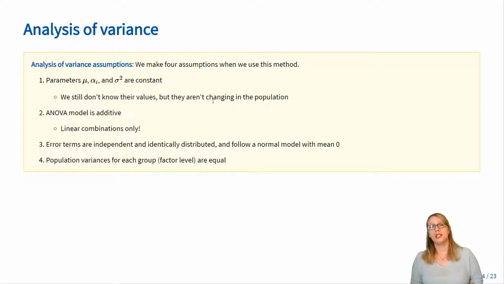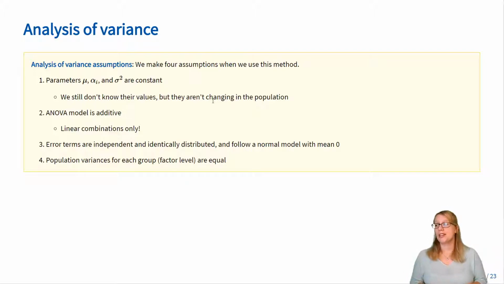Third assumption is that the error terms are independent and identically distributed. So there's no link, in other words, between the subjects in our data. They're all independent, they're all distinct from one another, so their errors should be as well. We also are assuming that these error terms follow a normal model with mean 0. So in other words, some will be positive, some will be negative.